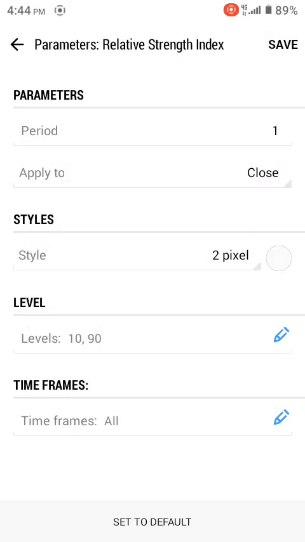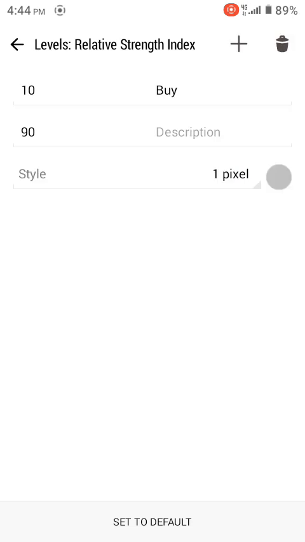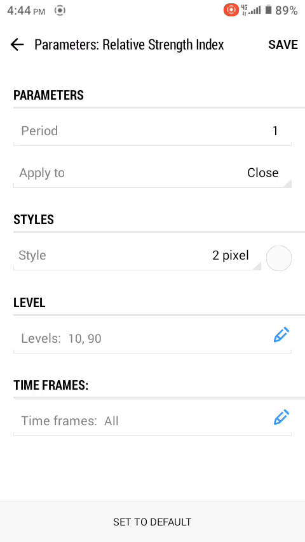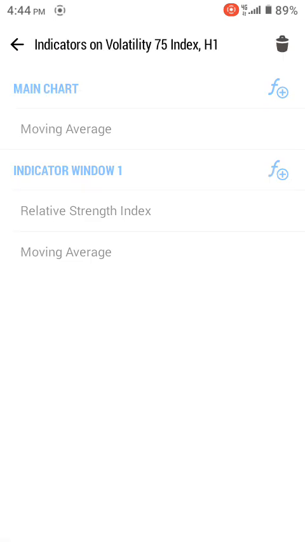So that is important to keep in mind. The levels: we have level 10 which is a buy and level 90 which is a sell. So basically when the moving average touches 10 we look for buys, and when it touches 90 we look for sells. We shall see this on the chart. So that is it for the RSI.